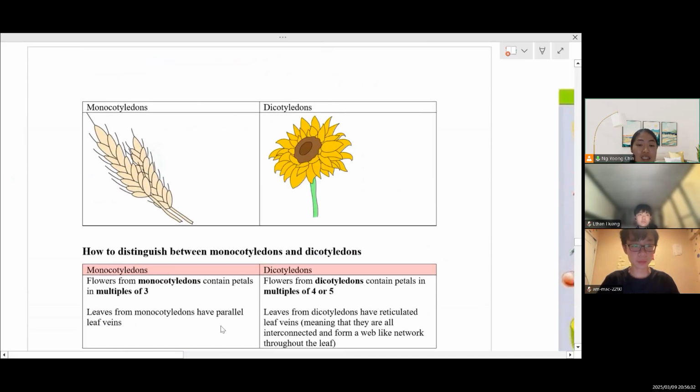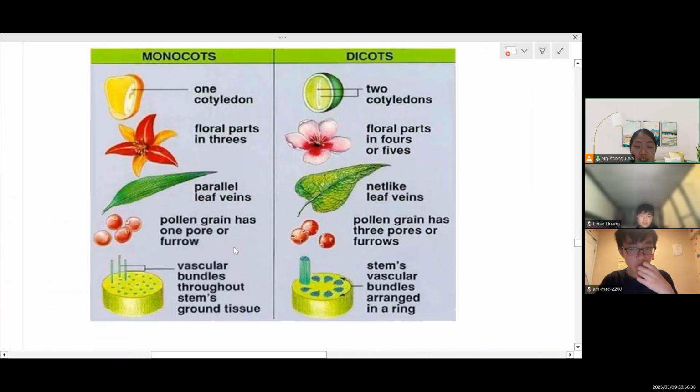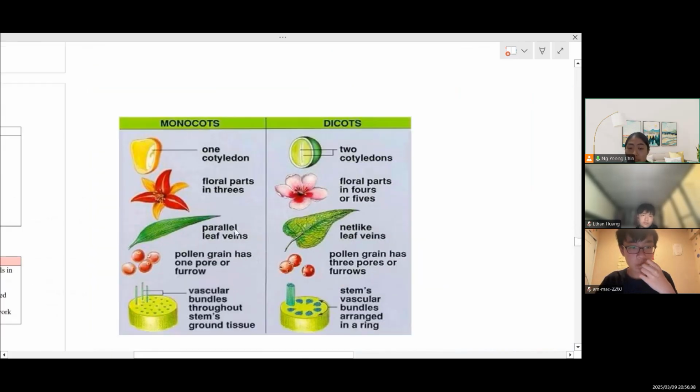You can see the difference between them. Cotyledons refer to the young seed found inside it. So monocotyledons means they only produce one cotyledon. Dicotyledons means they have two cotyledons like this. This is the one cotyledon. This is the two cotyledons inside.